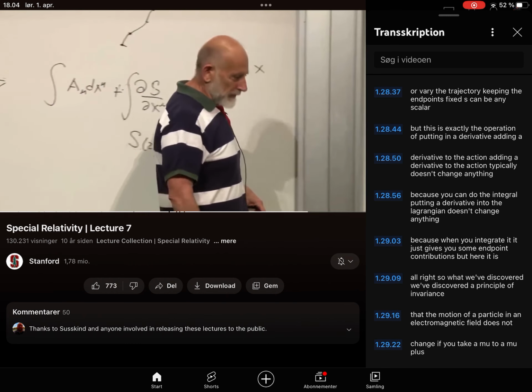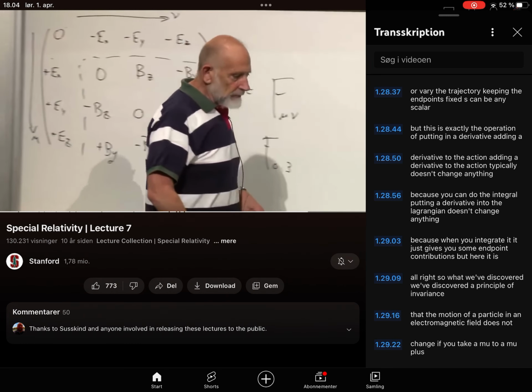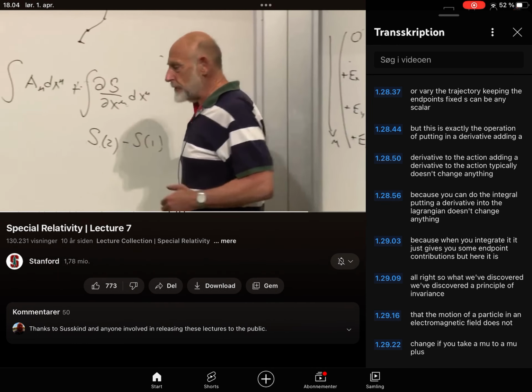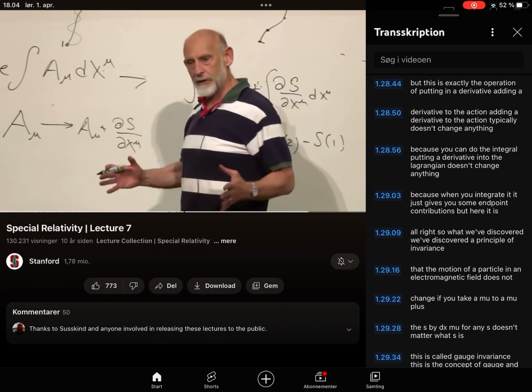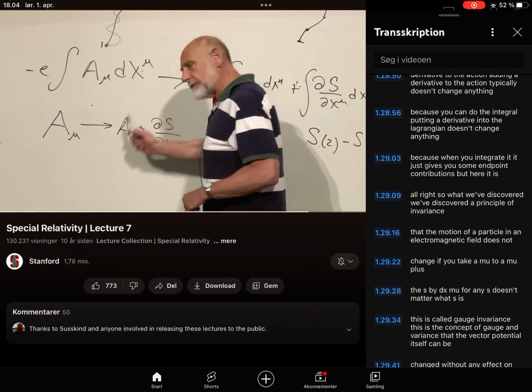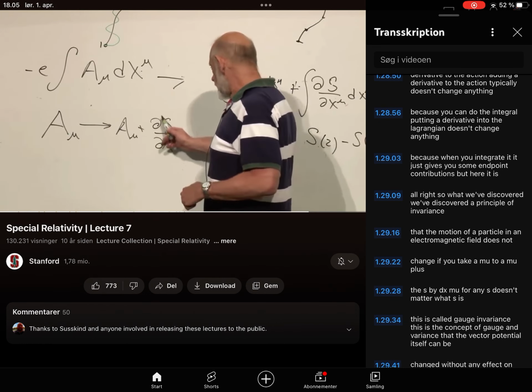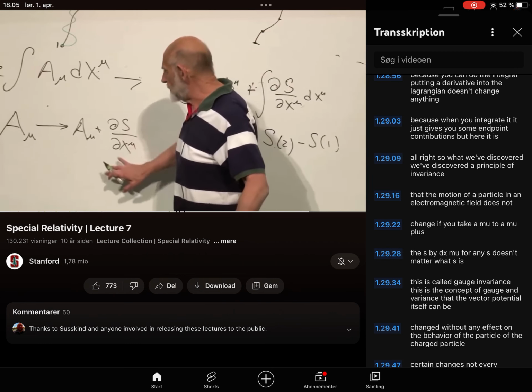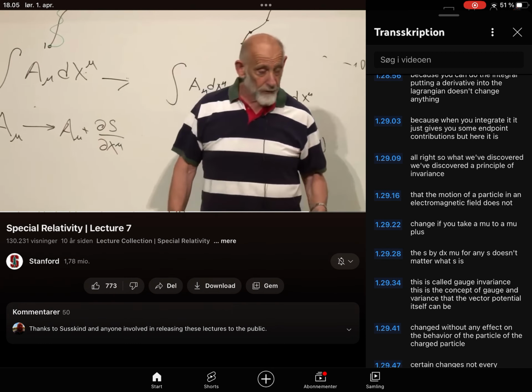This is called gauge invariance. This is the concept of gauge invariance, that the vector potential itself can be changed without any effect on the behavior of the charged particle. Certain changes, not every change. Certain changes, those which are dS by dx^mu. All right, so adding a dS by dx^mu to a vector potential is called a gauge transformation.